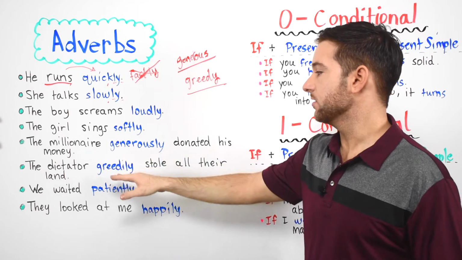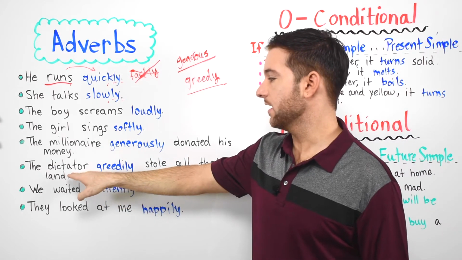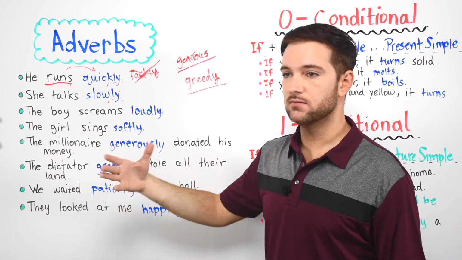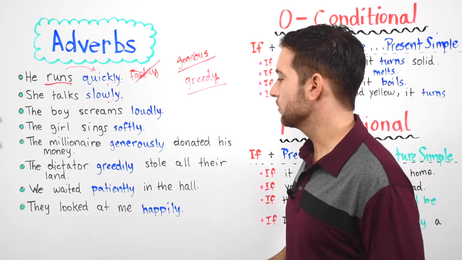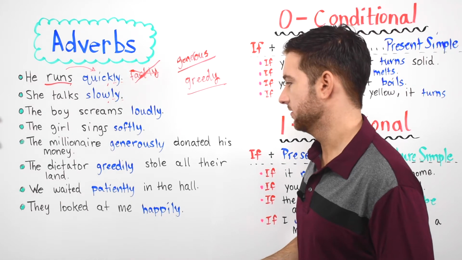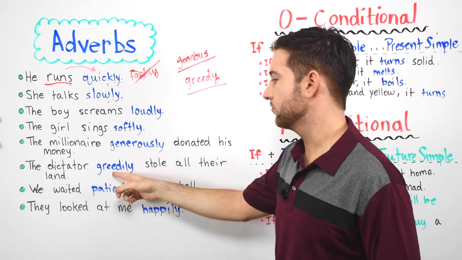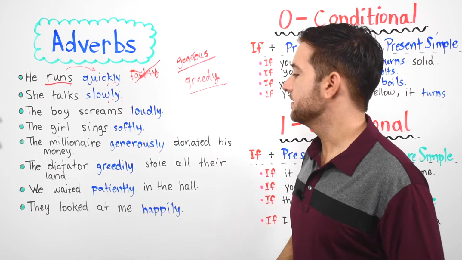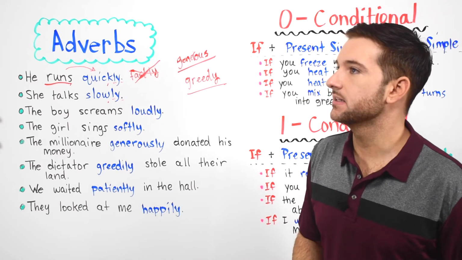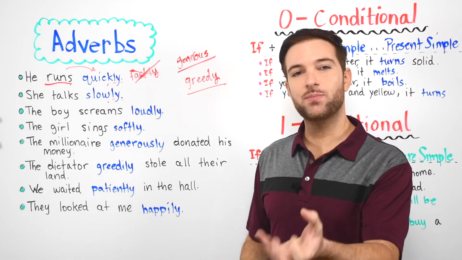The dictator, which is somebody who has complete control over a country, greedily stole all their land. Greedily means it's like when you keep on taking.